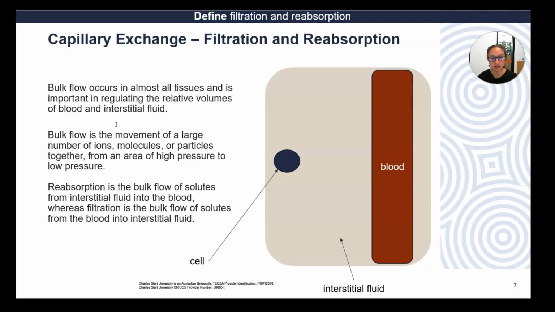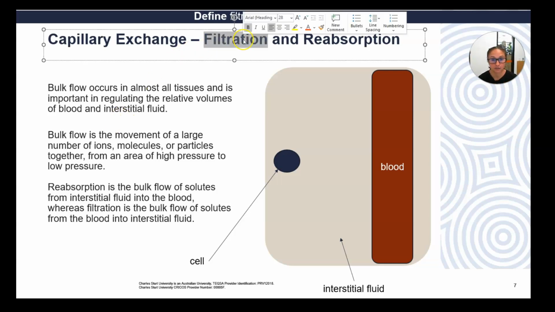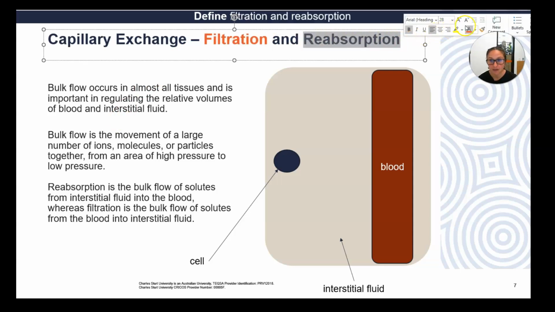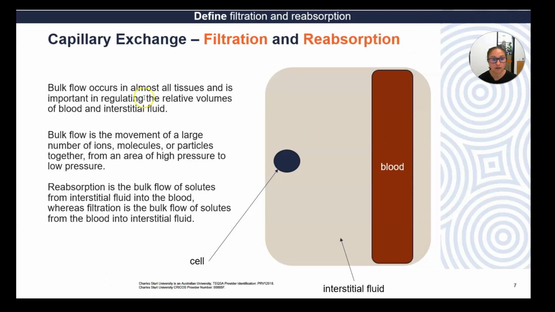And there are two words that we need to learn about. The first word is filtration, and the other word is reabsorption, because we'll use those words in a minute. Now, we're still looking at this kind of interaction, moving from the blood into the interstitial fluid.